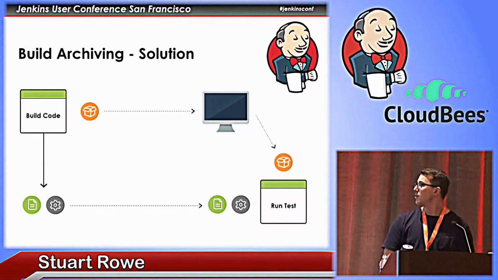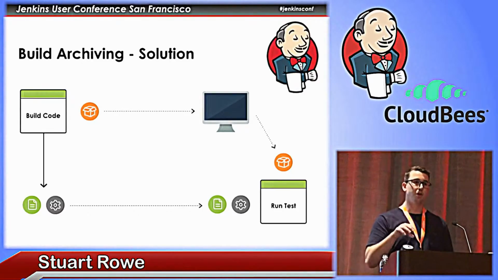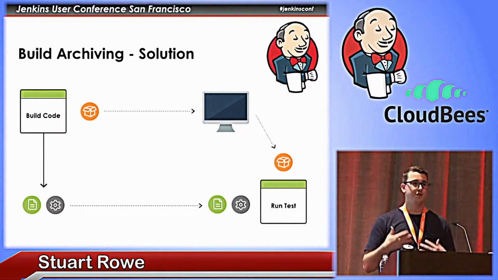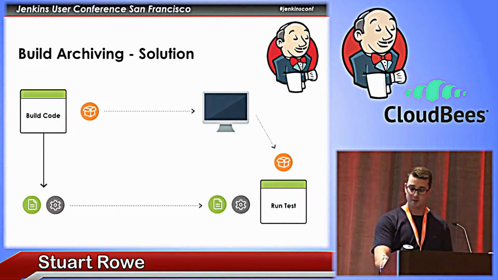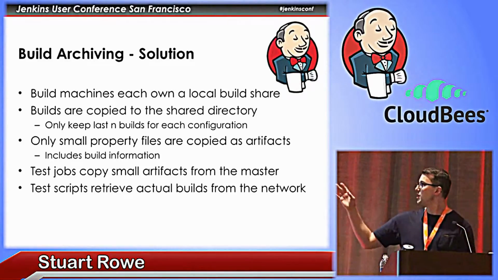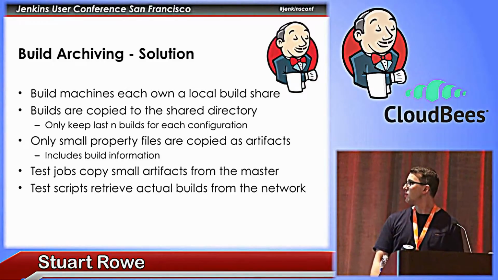So the solution we came up with was to have each build machine own its own build archives. And then we only copy one small artifact file to the master, which facilitates that build sharing. The implementation details of this are we have each build machine configured with its own local build share. That's a network share that it knows about.